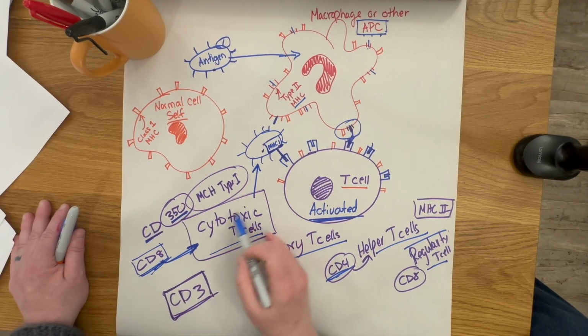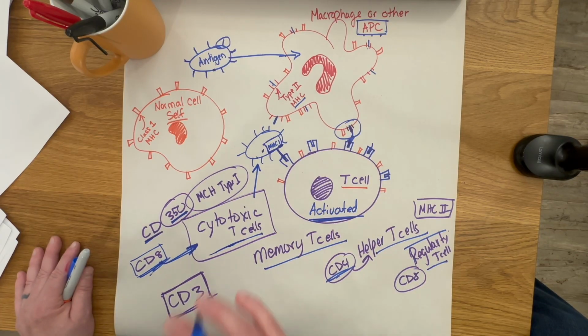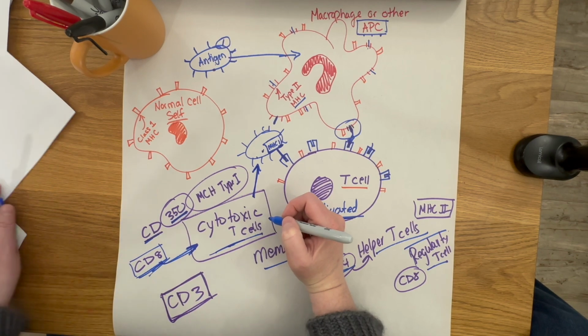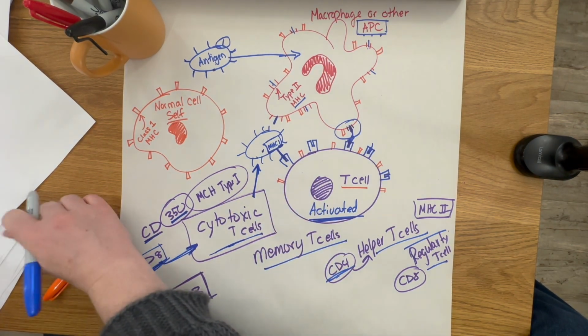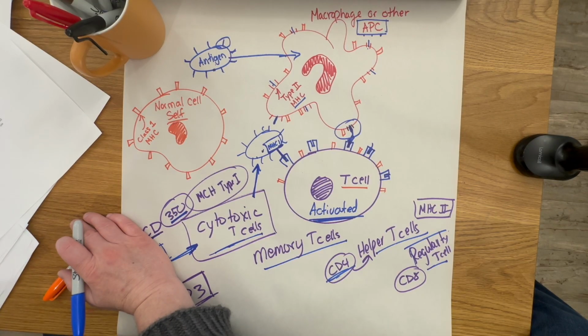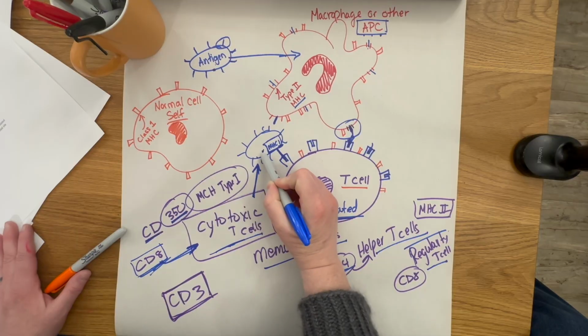So cytotoxic T cells then are going to be able to recognize specifically the bad guys, okay, directly. And then they're going to engage in cell-mediated immunity. So they're going to then directly attack, essentially, the antigen cell, okay? And to do that, they're going to destroy it by releasing perforins.